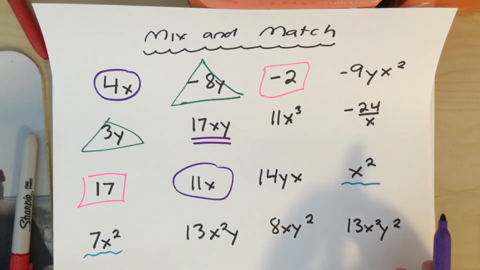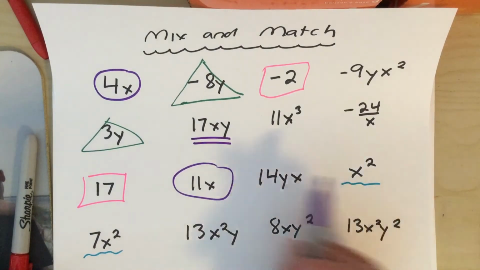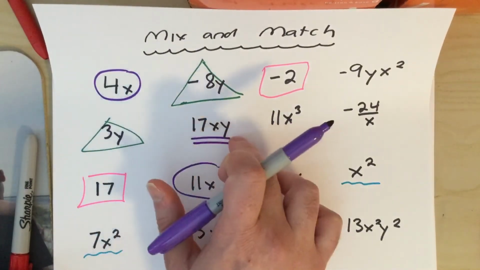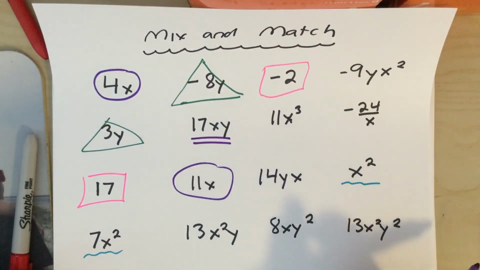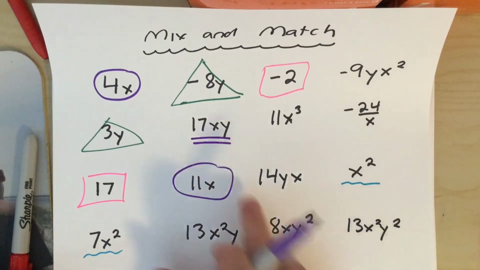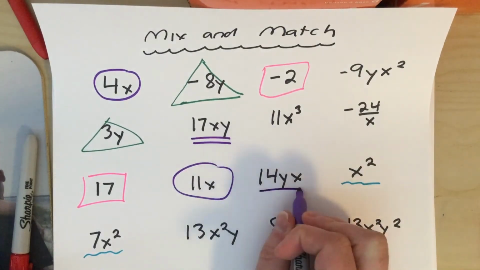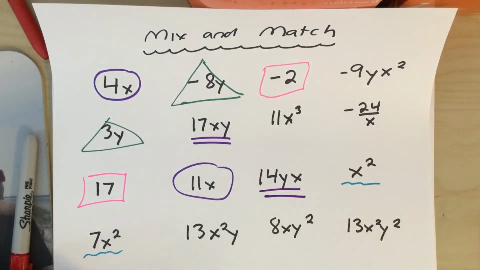You may think that there's nothing that's a like term with that, but the order actually doesn't matter, because all these things are multiplied. It's 17 times x times y, and there's a property in math that when you multiply things, order doesn't matter. So xy and yx are actually still both xy. So these guys are also like terms. There's a lot of like terms in this stuff, right?